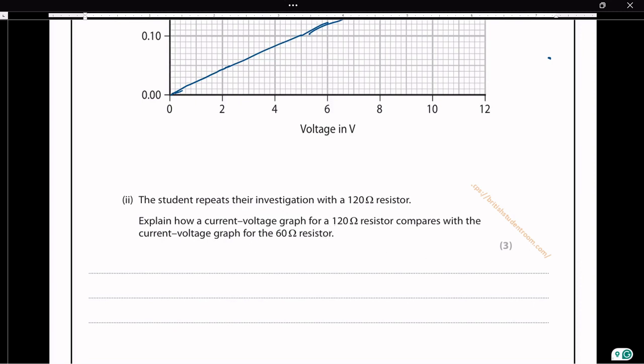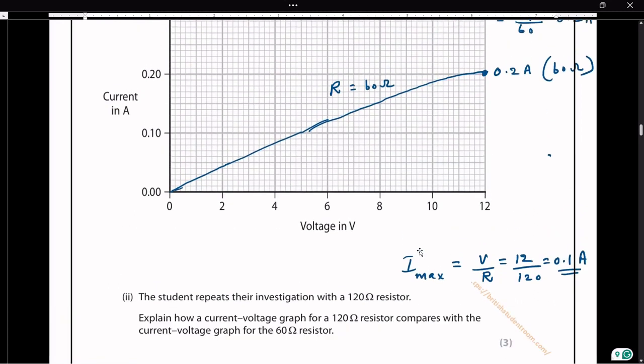So let us see the expected I max. I max is voltage over resistance, that is 12 over 120 ohms, which is 0.1 ampere. Let us mark that for the next graph: 0.1 ampere for the 120 ohm resistor.